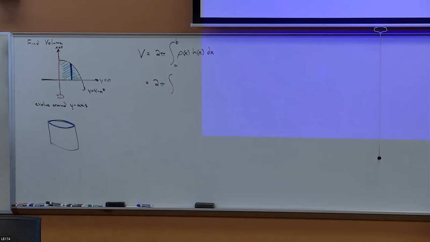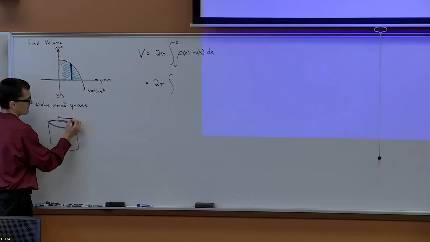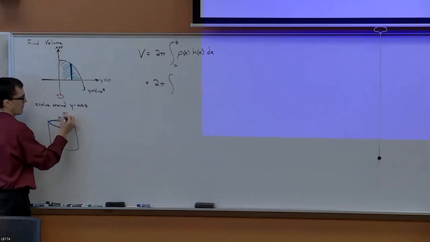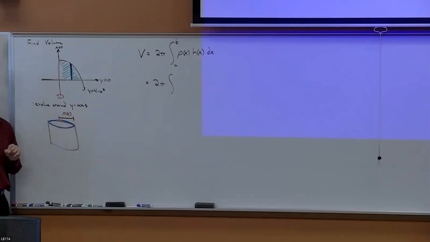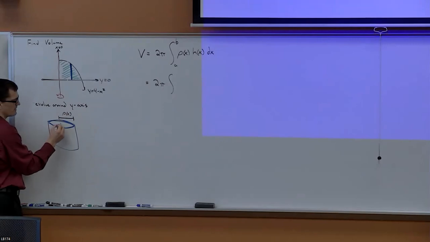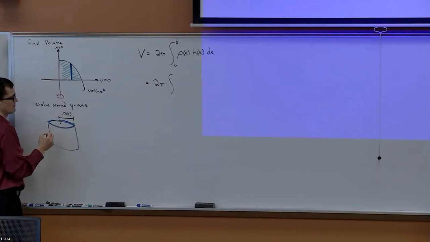Now, here's the deal. If you think about what the radius of this cylinder is, notice that we're measuring from the middle of the tube to where our edge of the tube is, right?